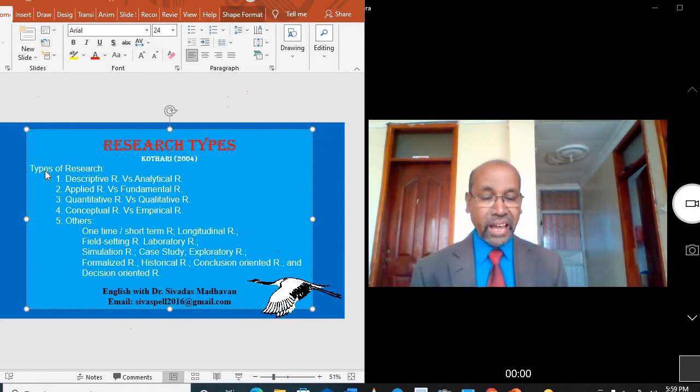And the next dichotomy is conceptual research and empirical research. Conceptual research is based on abstract ideas or theories, and it is mainly done by philosophers and thinkers. Philosophers and thinkers conduct research, and that is conceptual research.